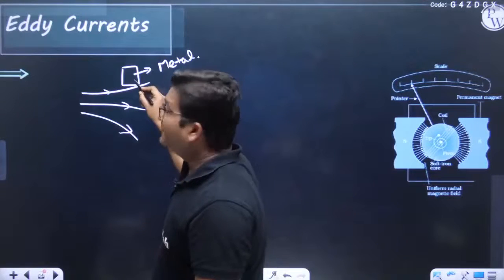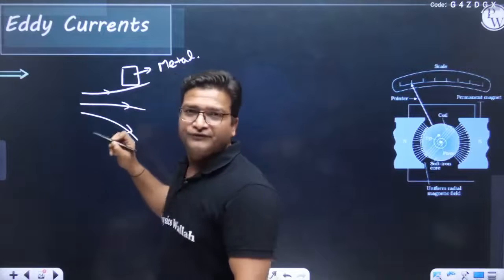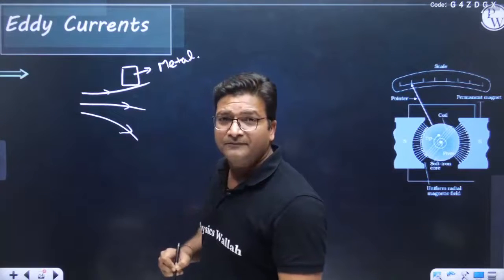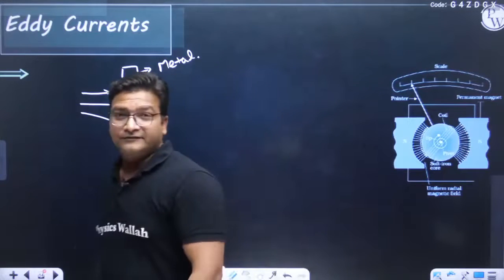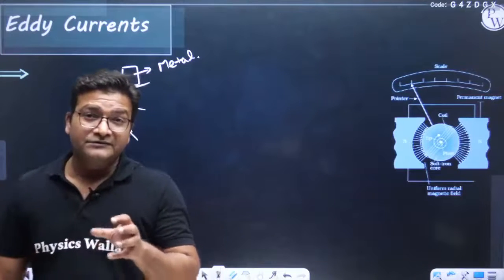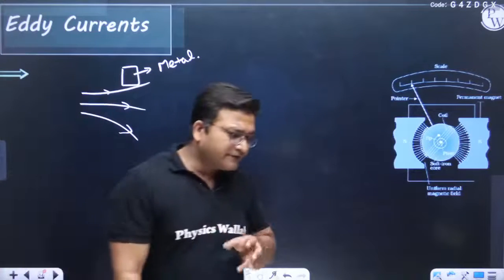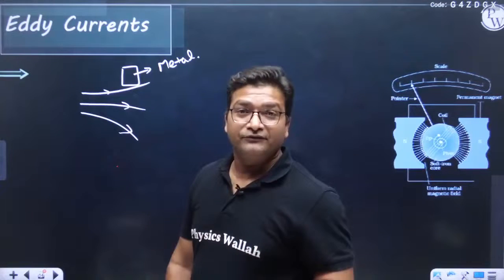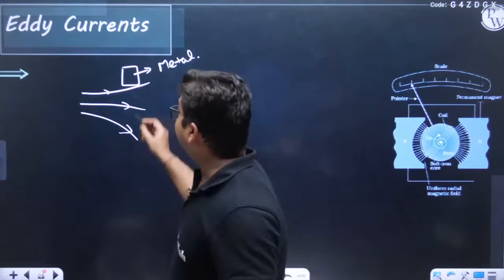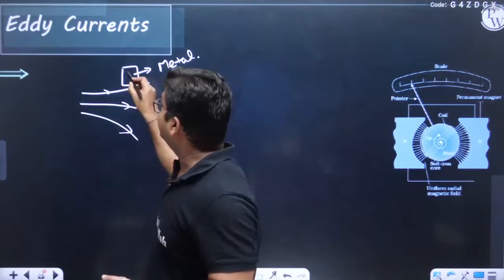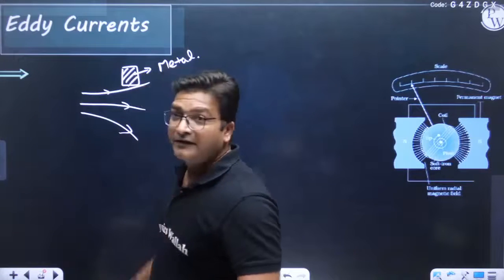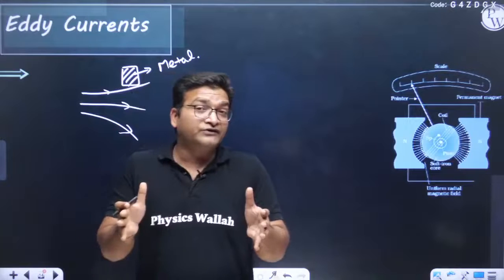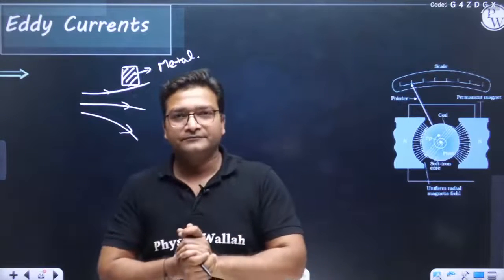But if this metal piece moves with respect to the magnetic field, the flux inside the metal changes. And if flux inside the metal changes, induced currents are produced. But as there is no fixed loop, it is just a solid metal block, the shape of the induced current is undefined.